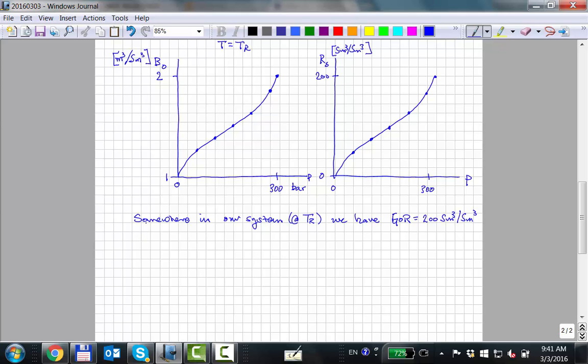So we go in with that value of GOR, and we see that the bubble point of that is 300 bar. So the bubble point for an RS equal to the GOR of 200 is equal to 300 bar.